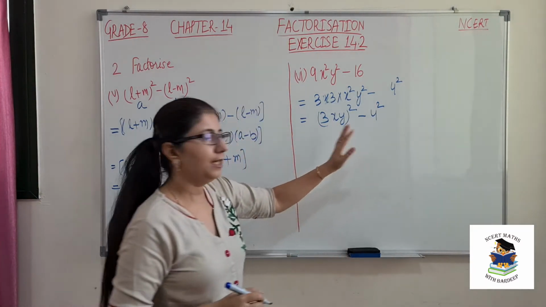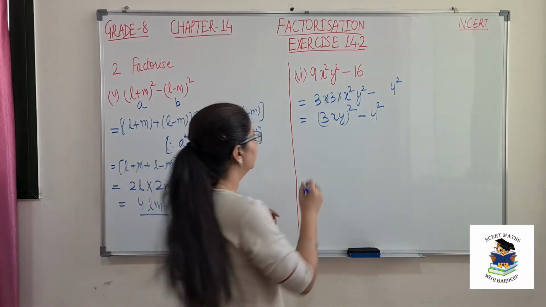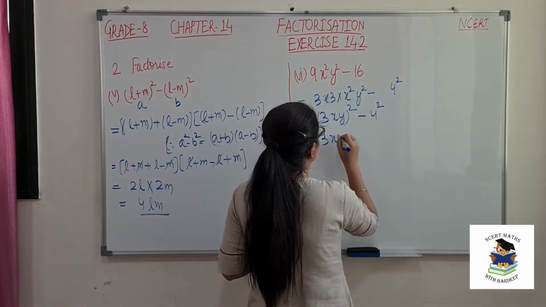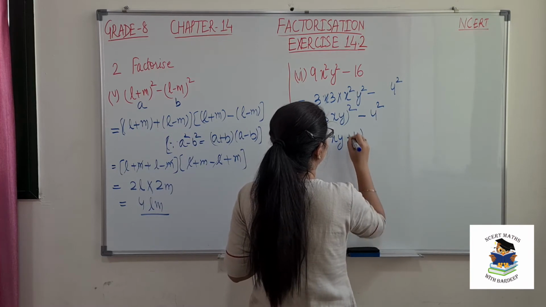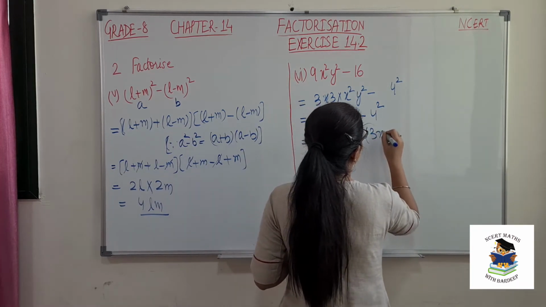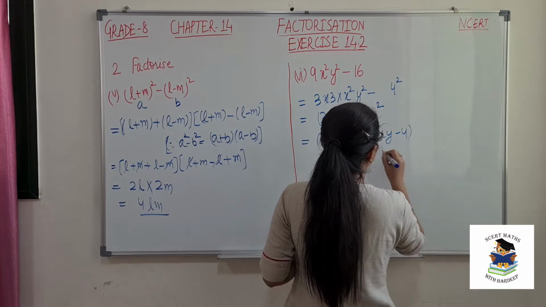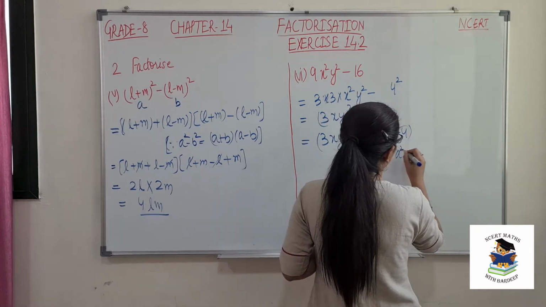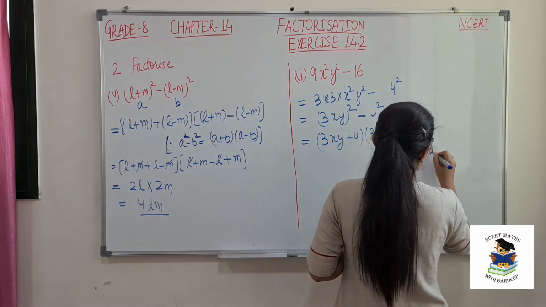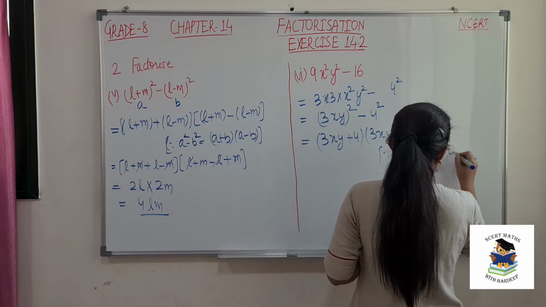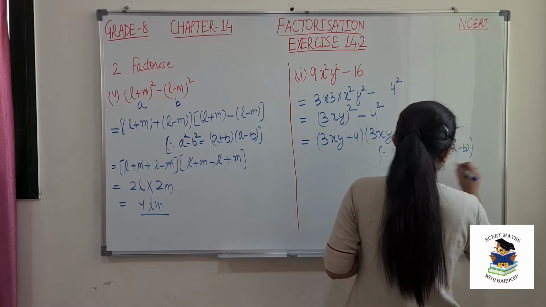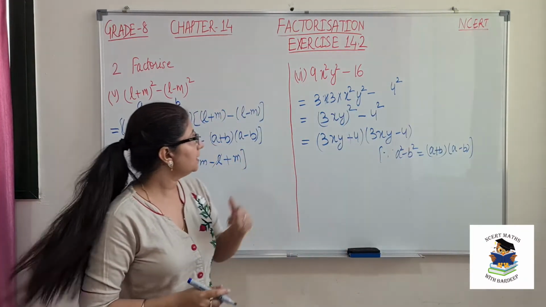Okay, so here again a square minus b square. So this is 3xy plus 4 and 3xy minus 4, for the same reason. Okay, so this is the sixth part.